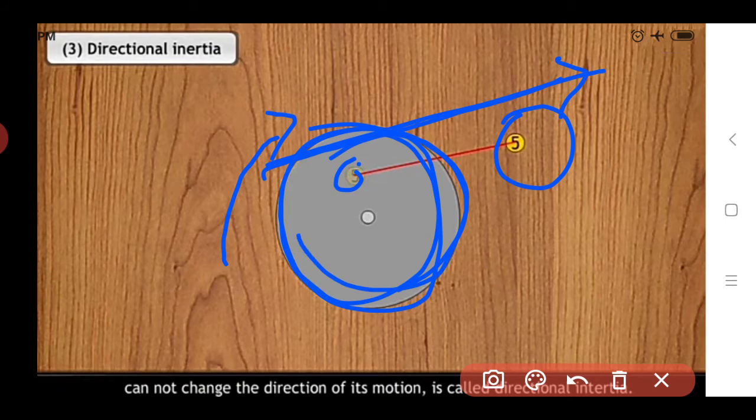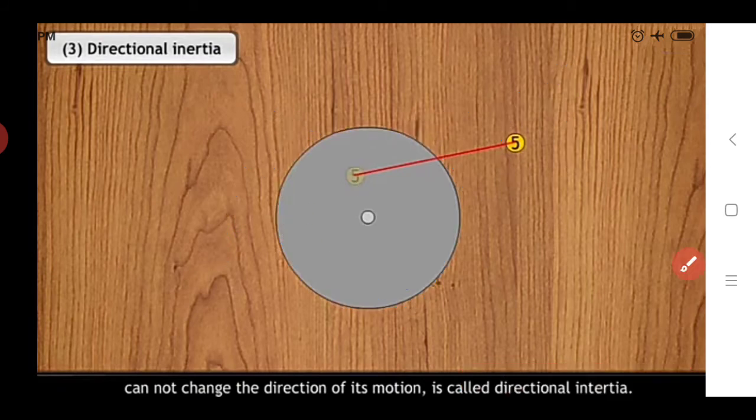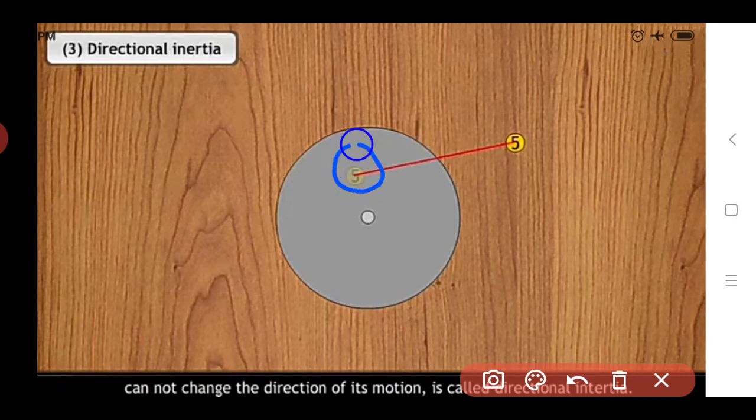Why? Because a third type of inertia is present on that object, that is the directional inertia. Due to this directional inertia, objects in a state of motion cannot change their direction.